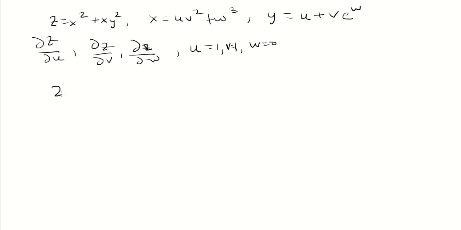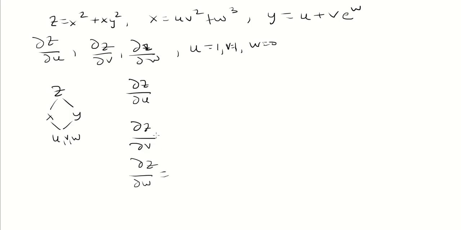So starting off with z, z depends on x and y. X and y both depend on u, v, and w. So if I have partial z with respect to u, let's write these out. For u, we go down the x route.